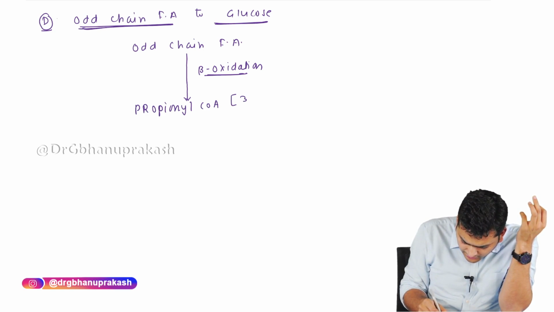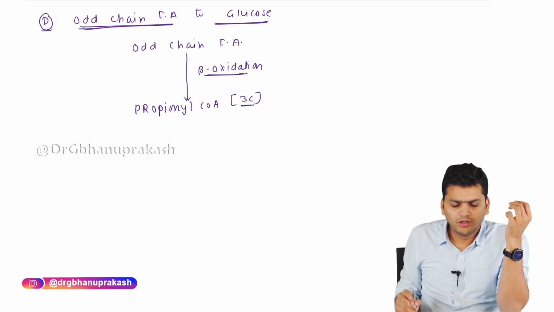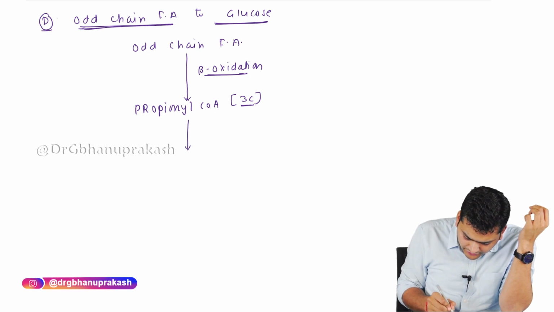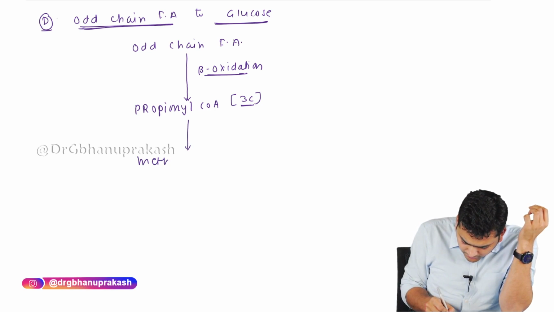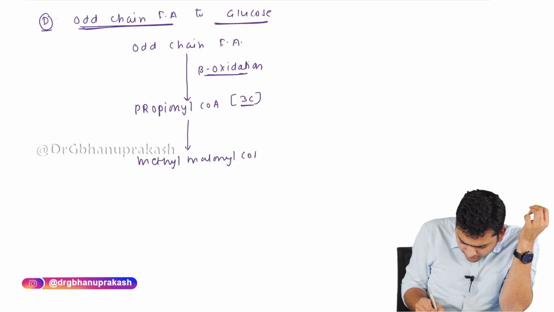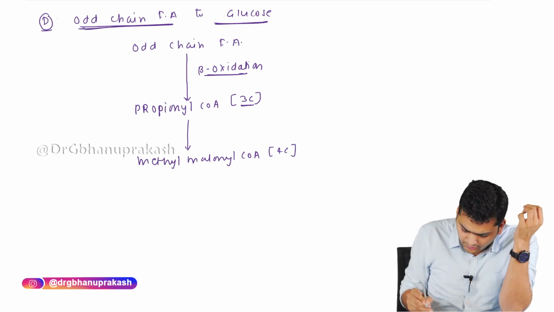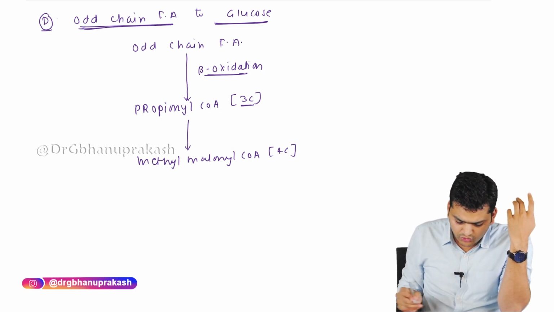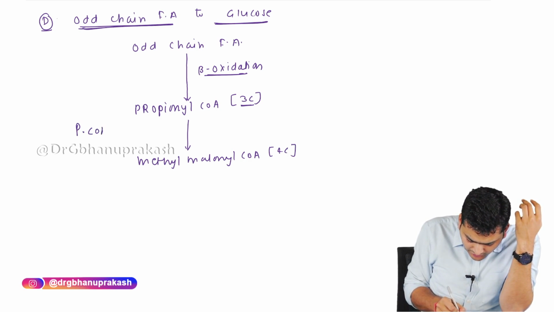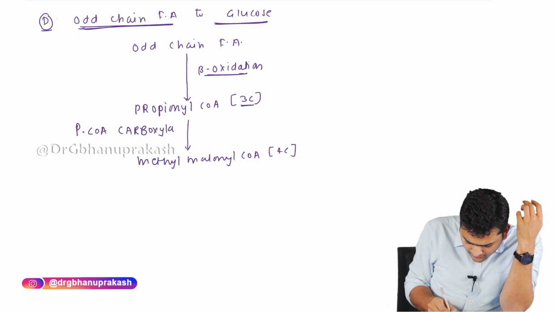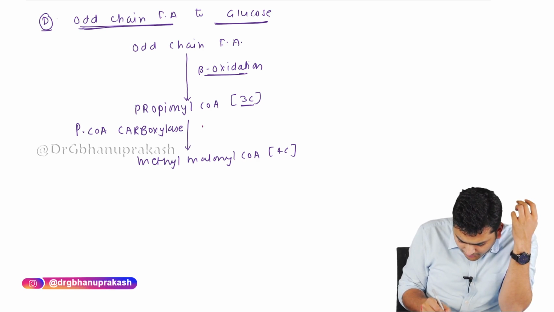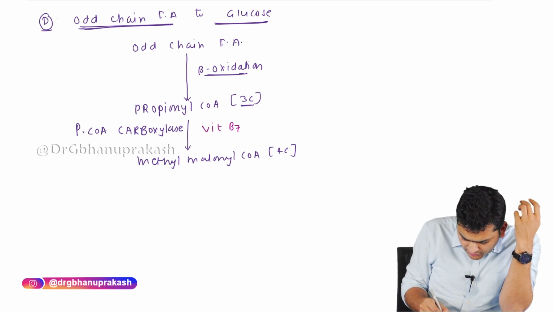Propionyl CoA is a 3-carbon molecule. This propionyl CoA can be converted into methylmalonyl CoA, which is a 4-carbon molecule. 3 carbon converting into 4 carbon, so the name of the enzyme is propionyl CoA carboxylase. And for that we will be requiring vitamin B7 because it is a carboxylation process.